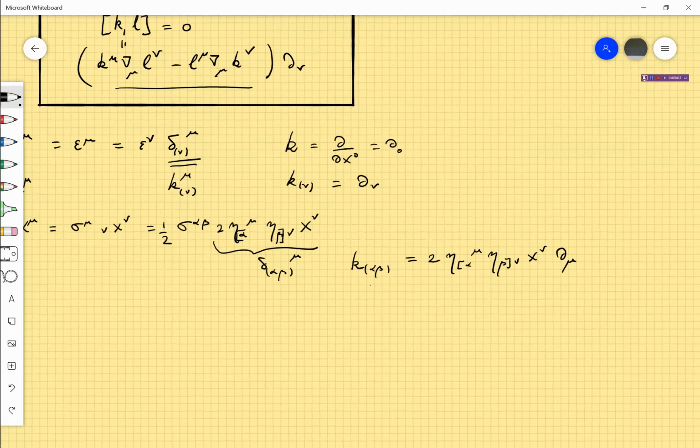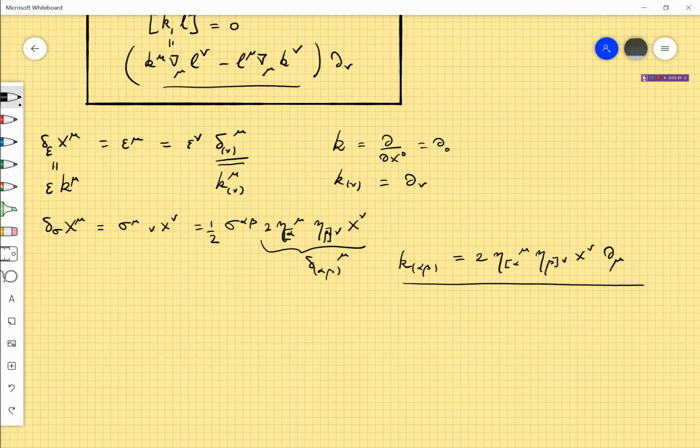If you lower the indices of x using eta and so on, maybe it gets a bit simplified, but it doesn't really matter. These are more complicated Killing vectors of the Minkowski metric, and these are the ones that generate Lorentz transformations.